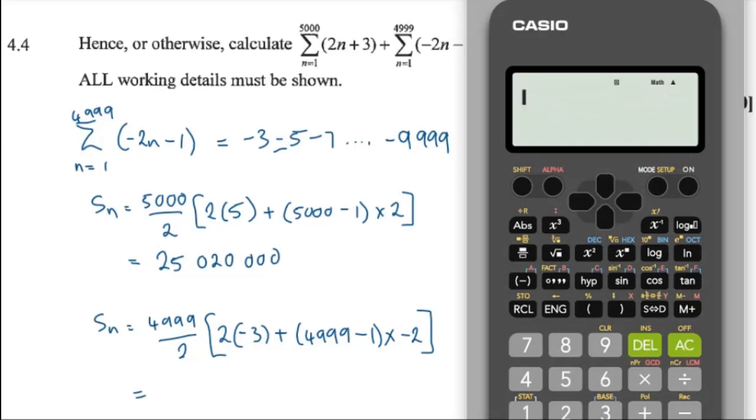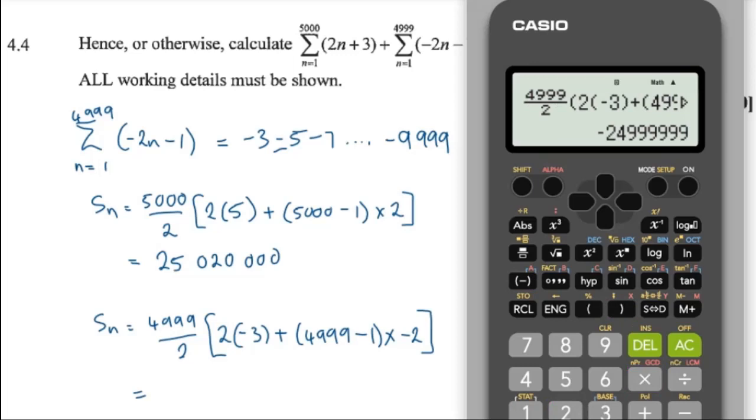So we're going to say 4,999 over 2, open bracket, 2 by negative 3 plus, open bracket, 4,999 minus 1 times negative 2, close that bracket.